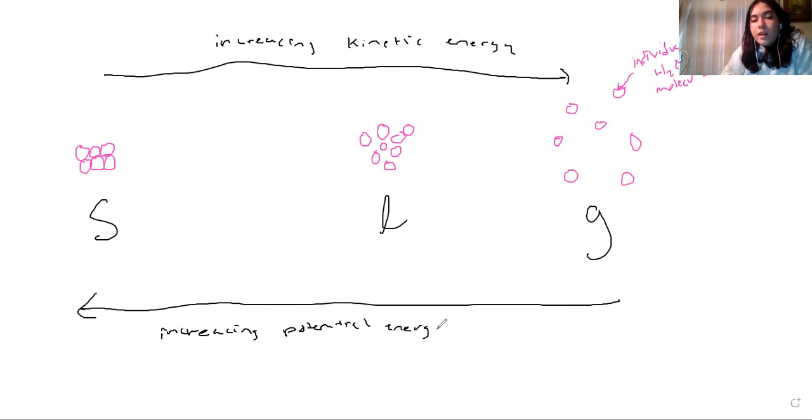Because when these molecules are put together in a solid, they only have potential energy. They're not moving, and kinetic energy is the energy of movement. So once we apply heat, we transfer potential energy to kinetic energy. It's the same energy, but it's behaving differently. In between all of these molecules are the bonds, which have energy in them.